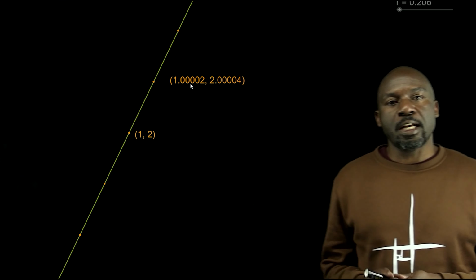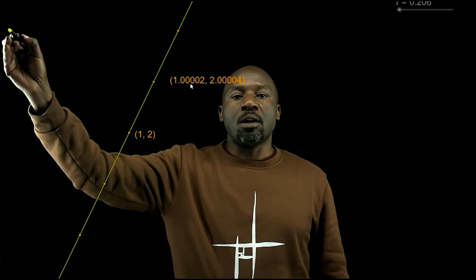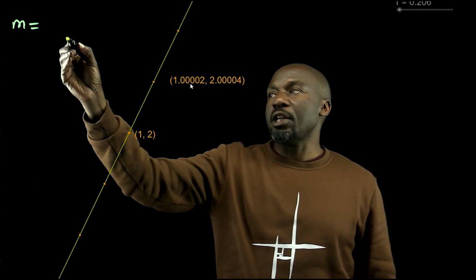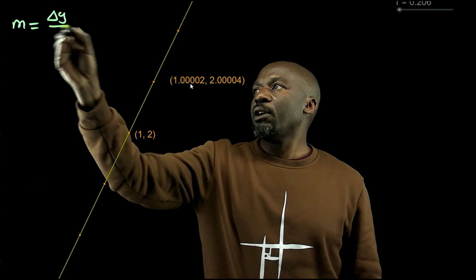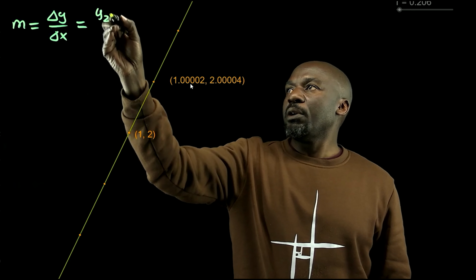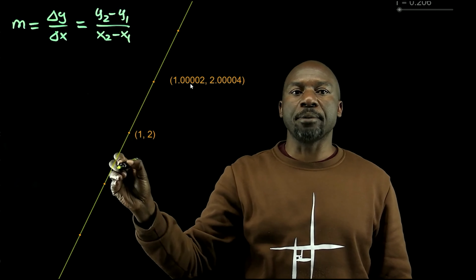Now the gradient of the line is given, let me write this here. The gradient of this line is given by m is change in y over change in x. We write that as delta y over delta x. So I could say y2 minus y1 over x2 minus x1.